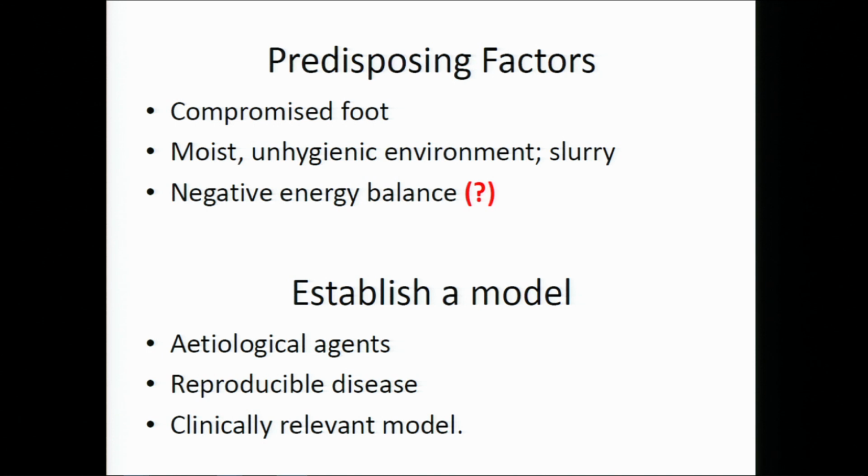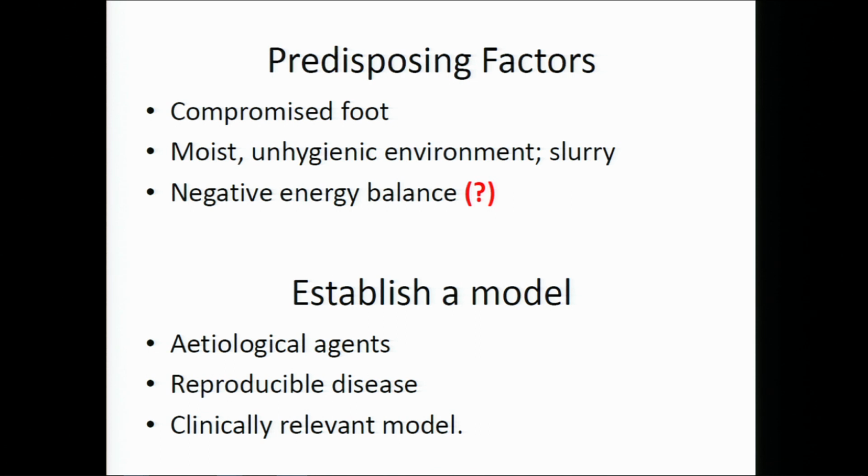And I put down negative energy balance here, with a question mark, as a sort of catch-all phrase, because there's lots of evidence in the literature to indicate that a negative energy balance does act as a predisposing factor to infection, whether that's through inadequate access to sufficient energy in the form of proper nutrition, through immunosuppression, parturition, etc.